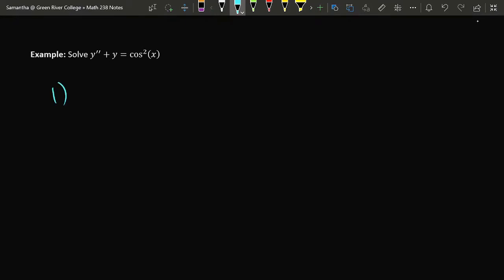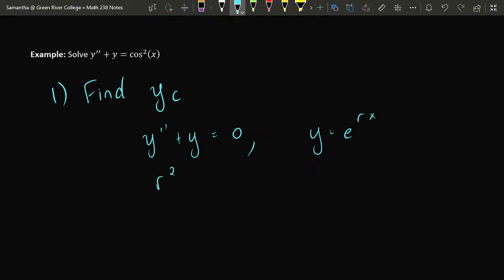So the first thing that we're going to need to do anytime we're finding a general solution to a non-homogeneous ODE is find the complementary function. So I'm going to replace the right-hand side with 0. This has constant coefficients, so I'm going to set y equal to e to the rx, which gets me r squared plus 1 equals 0, which gets me r squared equals minus 1, so r equals plus or minus i.